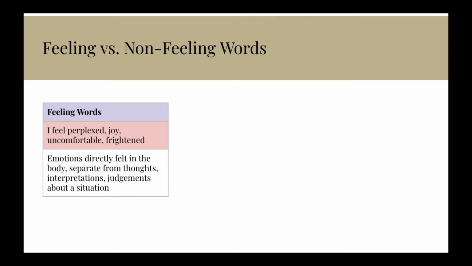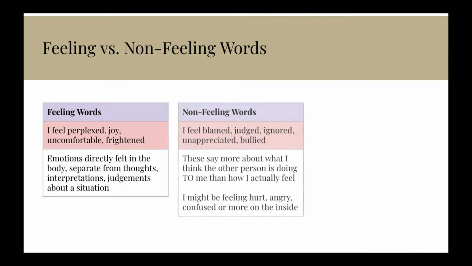Now, some of the phrases that I showed you in the previous slide were non-feeling words. These are expressed in ways like I feel blamed, judged, ignored, unappreciated, or bullied. These are actually not feelings because they say more about what I think the other person is doing to me than how I actually might be feeling inside.